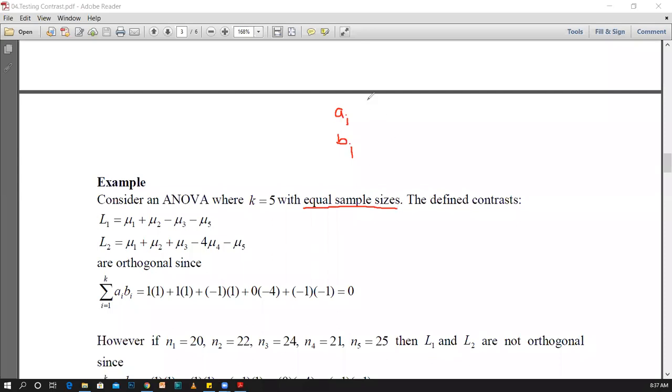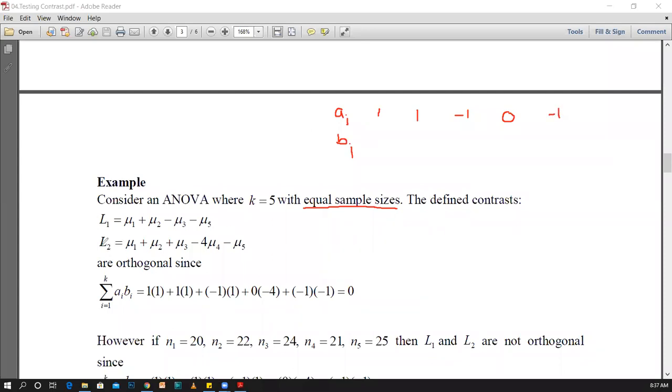Therefore, for the ai values, the first value is 1, the second value is again 1, the third value is minus 1, and there is no term with the fourth treatment. So for the fourth treatment the value assigned for ai is 0, and for the fifth treatment the value assigned is minus 1.